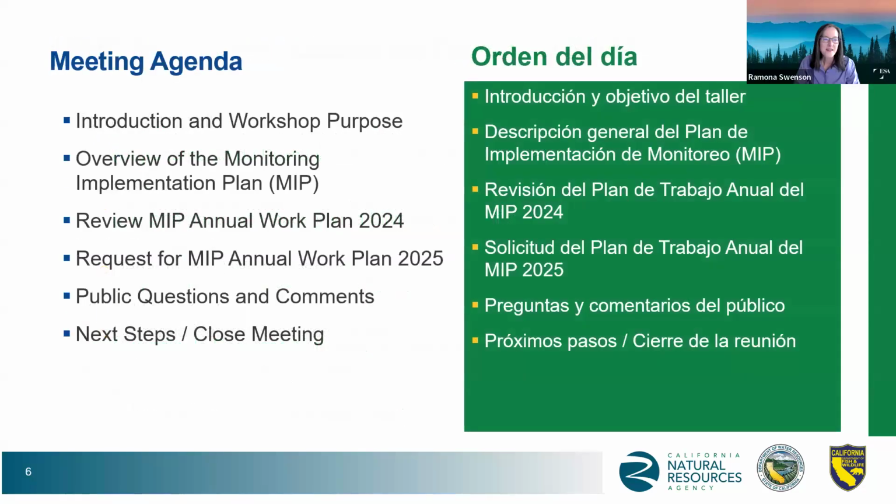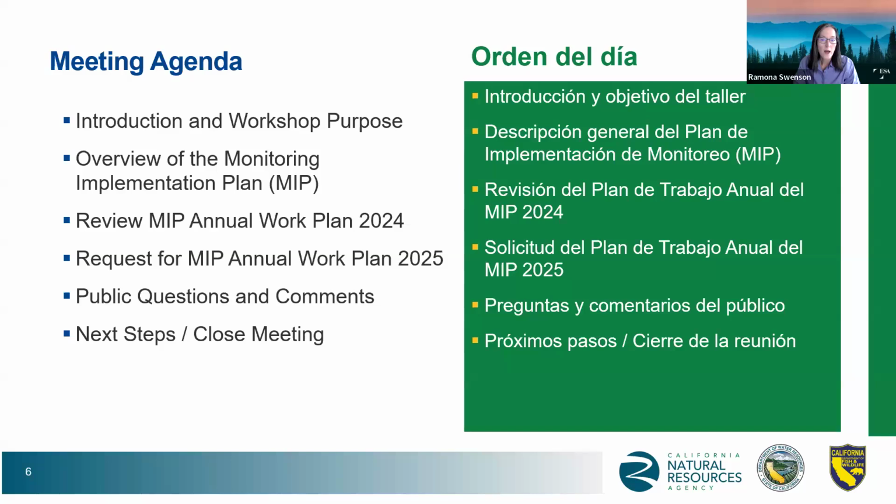Thank you, Tanya, for that introduction. We have here our meeting agenda, and thank you so much for dialing in and checking out what we're doing here. The purpose of our workshop today is to talk about the monitoring implementation plan annual work plan process of how we're going to be collecting information. I'll start first with an overview of the monitoring implementation plan, or MIP as we nickname it.